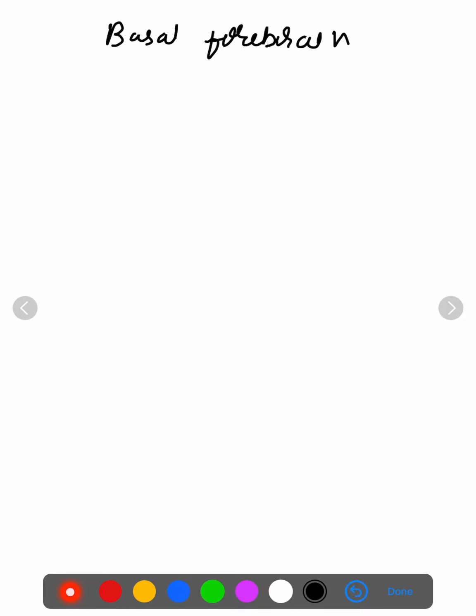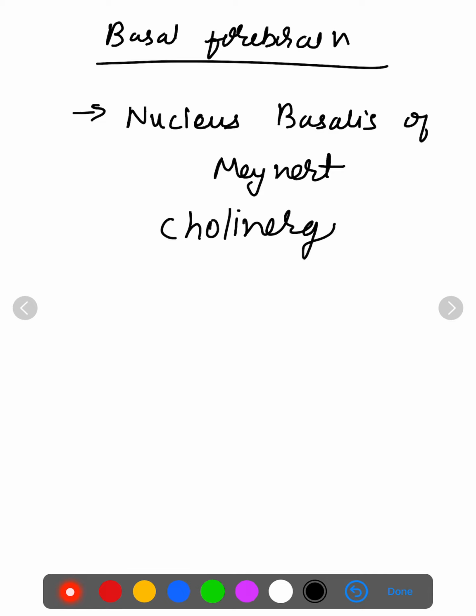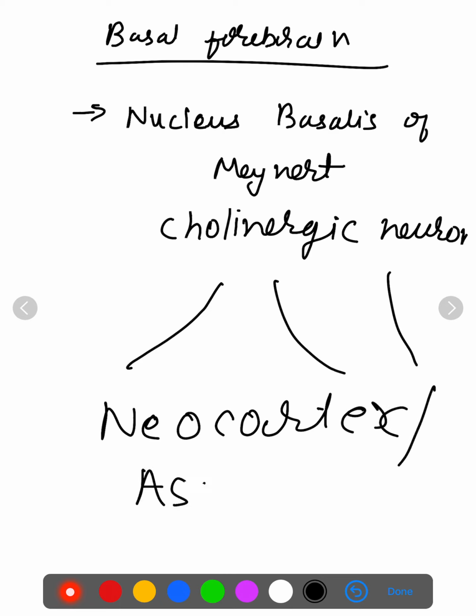Basal forebrain means the part situated at the base of the brain. There is one nucleus known as the nucleus basalis of Meynert. Cholinergic neurons are there, and they send signals to the whole neocortex, or various association cortices.